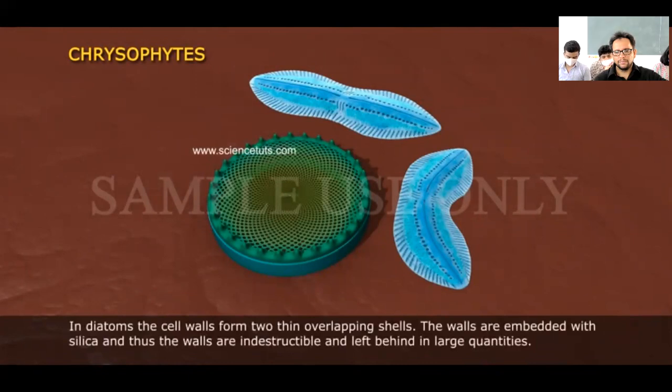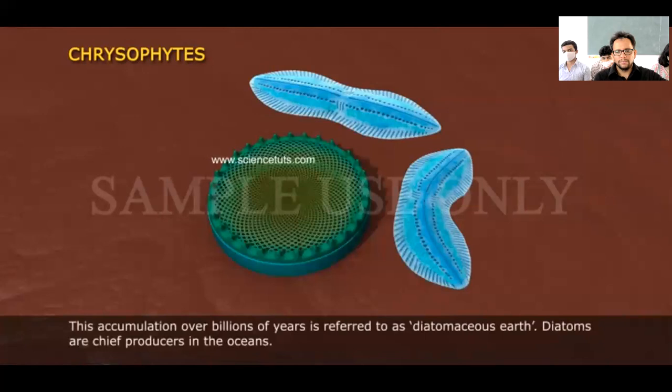In diatoms, the cell walls form two thin overlapping shells. The walls are embedded with silica, and thus the walls are indestructible and left behind in large quantities. This accumulation over billions of years is referred to as diatomaceous earth. Diatoms are chief producers in the oceans.